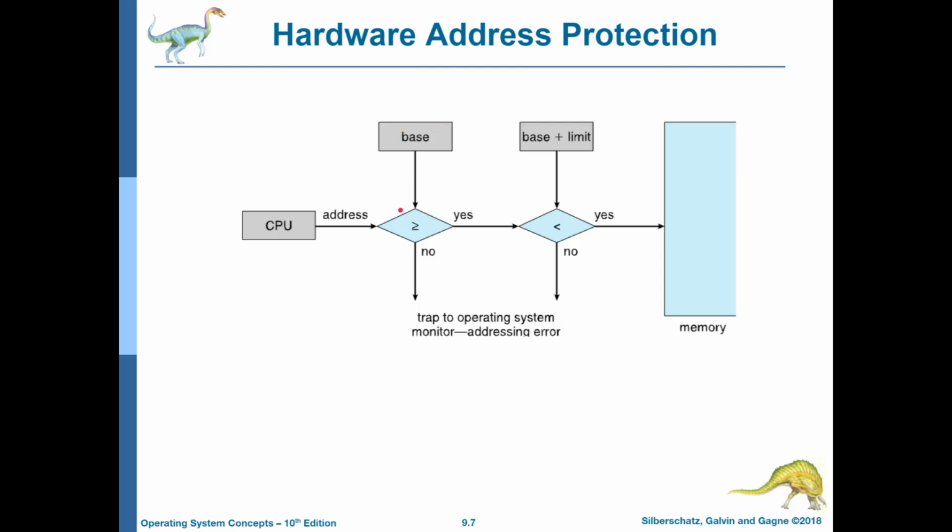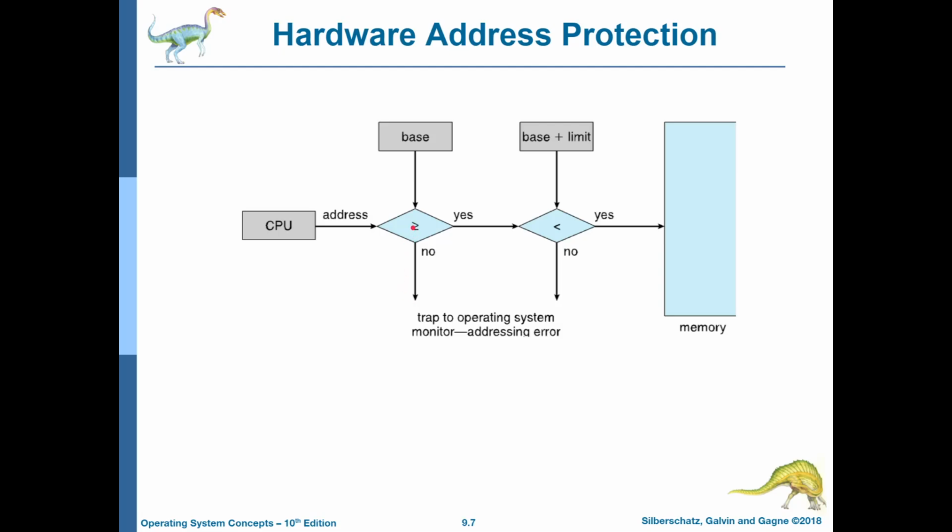So any address that's larger than base can be considered valid, and you can continue on to the next comparison. Any address before the value in base would actually throw an operating system trap, allowing that operating system to manage this particular exceptional condition.